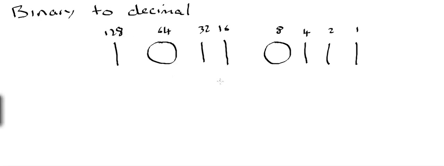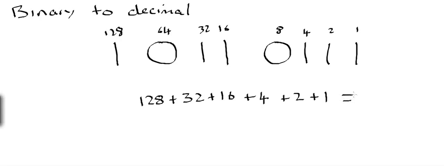So if we then convert this into decimal, we would say that we've got 128 plus 32 plus 16 plus 4 plus 2 plus 1, which would equal, and now you've got to trust that my maths is okay, 160, 176, 183. So that number there is 183 in decimal.